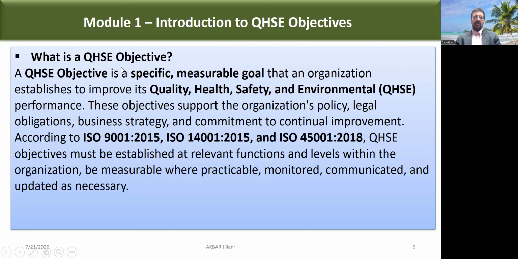What is a QHSE objective? A QHSE objective is a specific measurable goal that an organization establishes to improve its quality, health, safety, and environment (QHSE) performance. These objectives support the organization's policy, legal obligations, business strategy, and commitment towards the continual improvement of the organization.